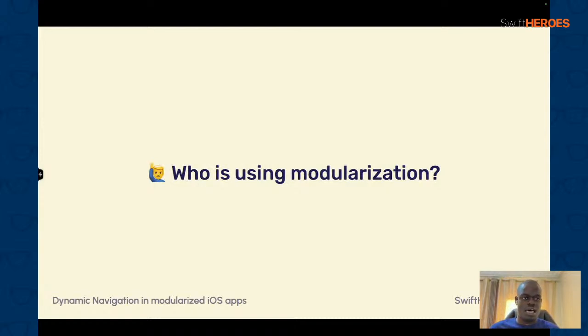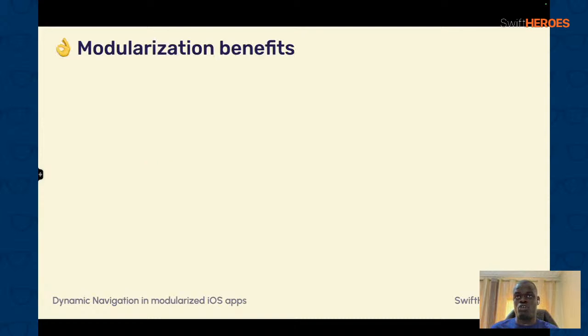The chances are high, I guess. This is a pattern that we can find nowadays in many iOS apps. Many developers are modularizing their apps. So why are we modularizing?